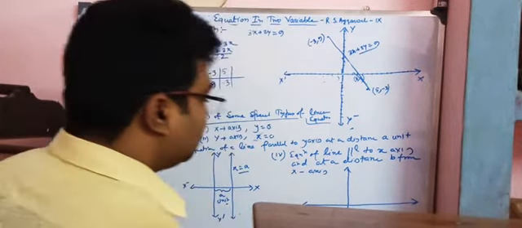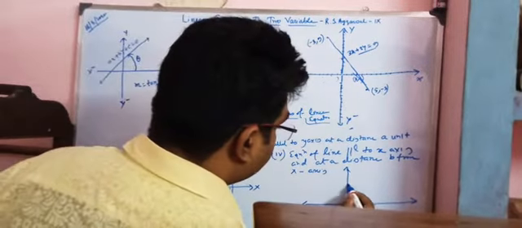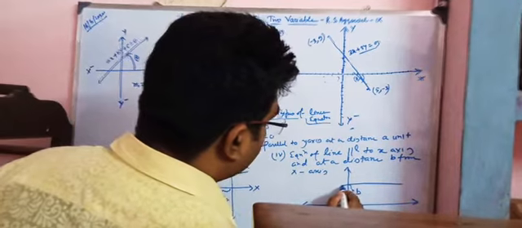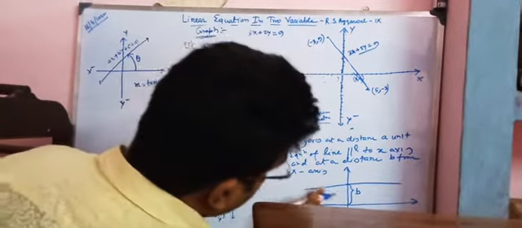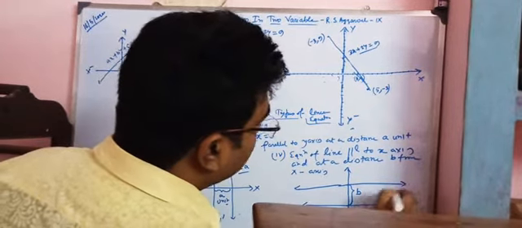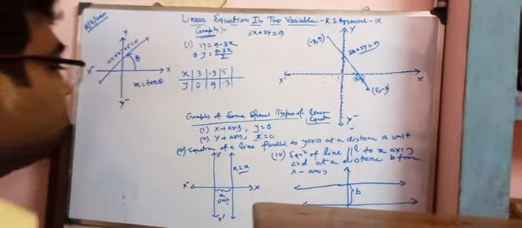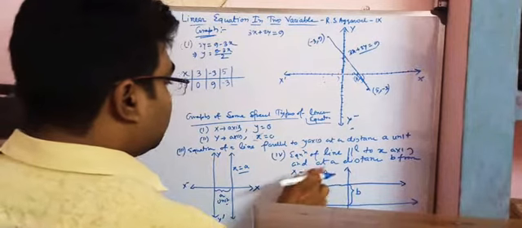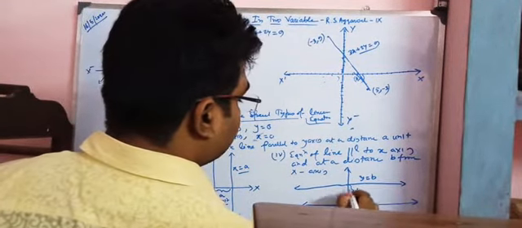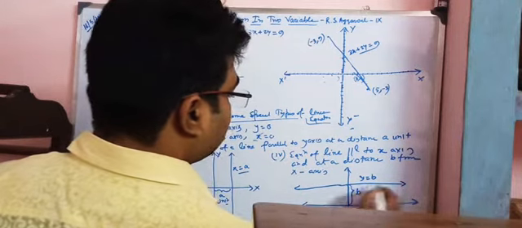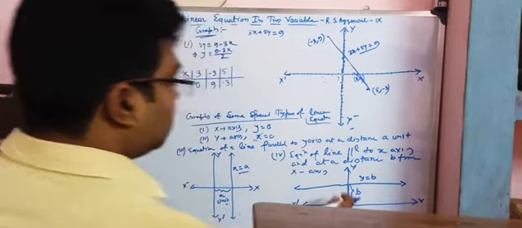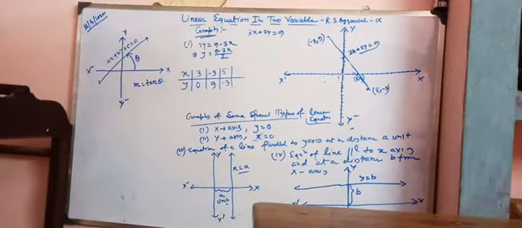This is my origin, and we have to take b units from here. This is my b, so we have to draw the straight line along here. This is a parallel straight line. So this is the equation of the required line, y equal to b. Here we are taking x, y, x dash, y dash.